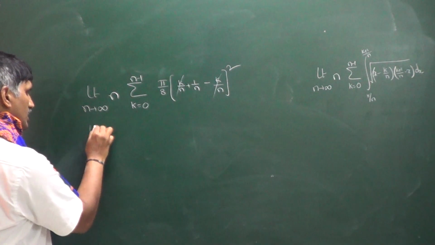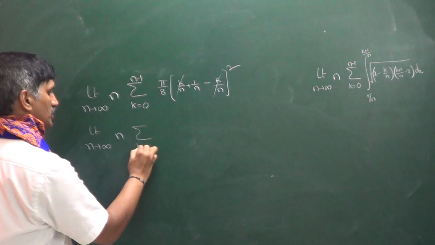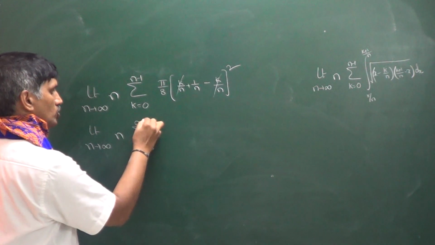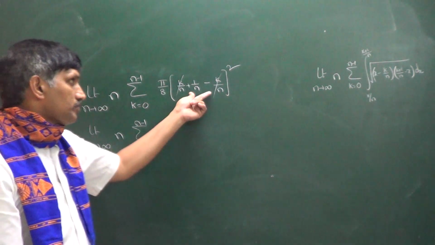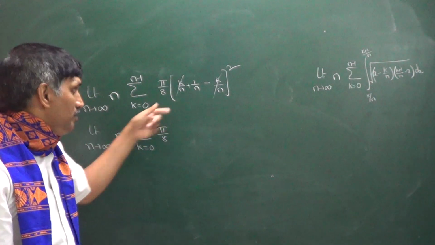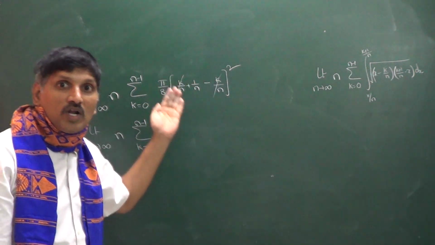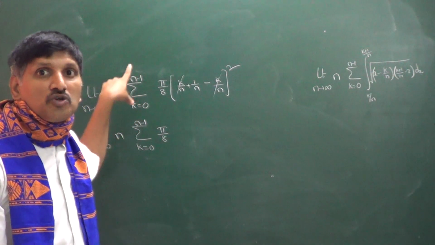Now k by n cancels, so we get limit n tends to infinity n into summation k equals 0 to n minus 1 of pi by 8 into (1 by n) whole square. The sigma depends on k, but we only have (1 by n) whole square. How many times are you adding it? The summation is running from 0 to n minus 1.